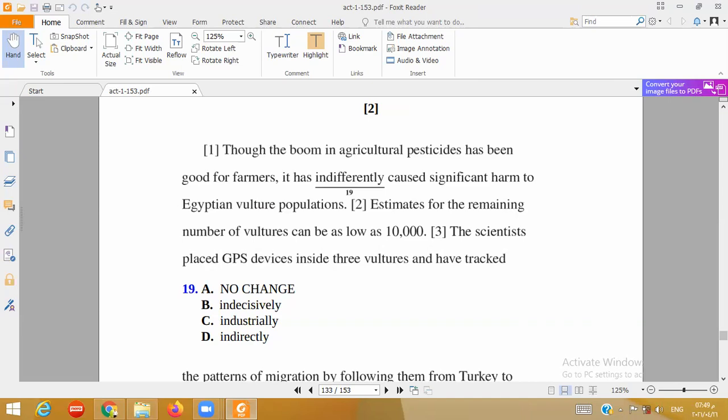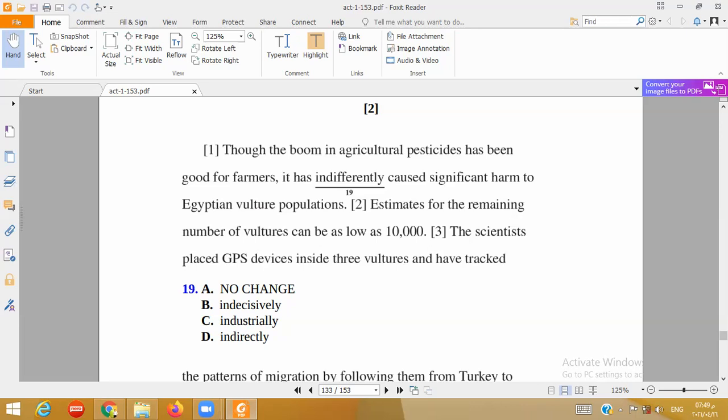Estimates for the remaining number of vultures can be as low as 10,000. The scientists placed GPS devices inside three vultures and have tracked. All right, so here we go.